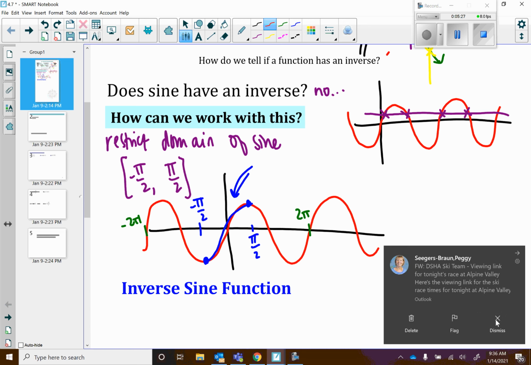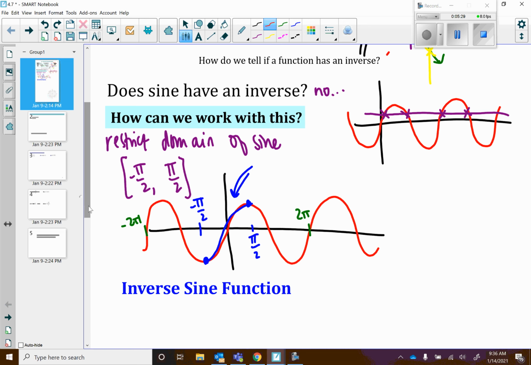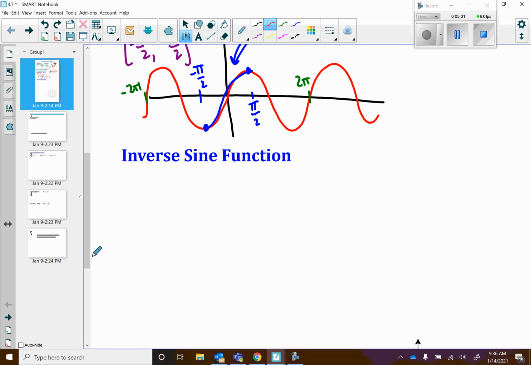So inverse sine functions. Let's talk a little bit more about what that means. For a moment, I'm going to consider the function just normal sine of x. This is our OG function, right? And in this, I put into it some angle measure.